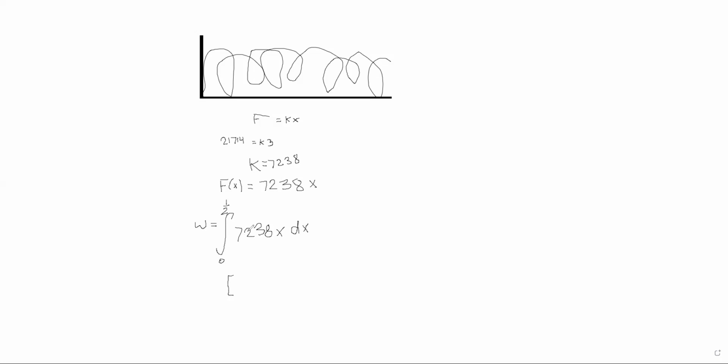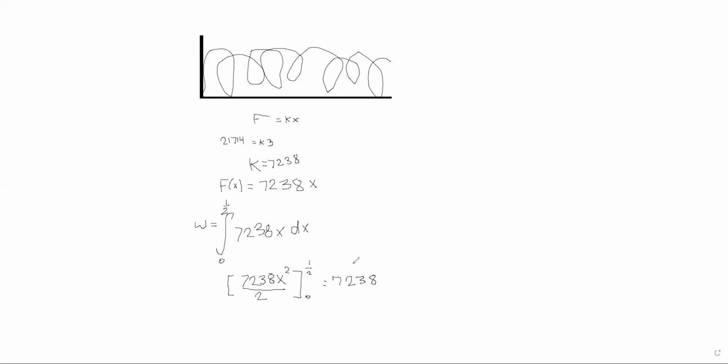So the antiderivative of 7,238x is going to be the same thing times x to the second power over 2. 7,238x squared over 2, going from 0 to 1/2. So if we plug in 1/2 for x, 1/2 squared is 1/4. So we have 7,238 over 2 times 1/4.